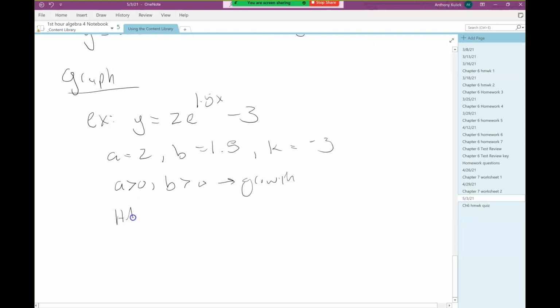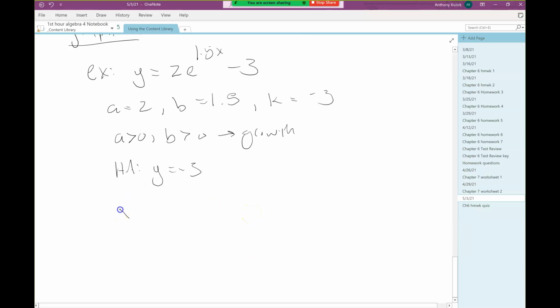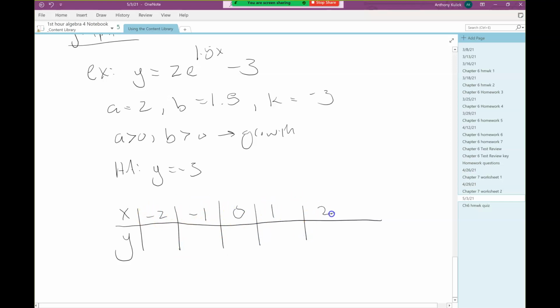I know that my horizontal asymptote is always y equals k. And to make my xy table, I have no h in my general form. When I had h, I did h minus 2. Since I have no h, I'm just going to do minus 2, minus 1, 0, 1, 2, and I'll use those numbers every time when I don't have an h. Everybody okay with that?